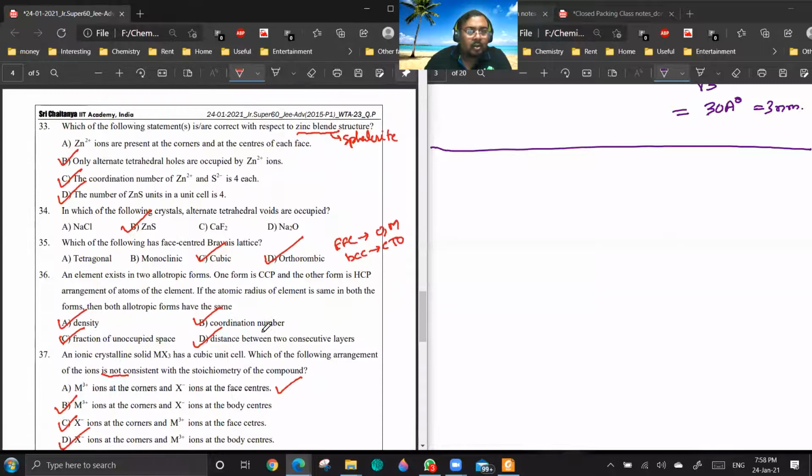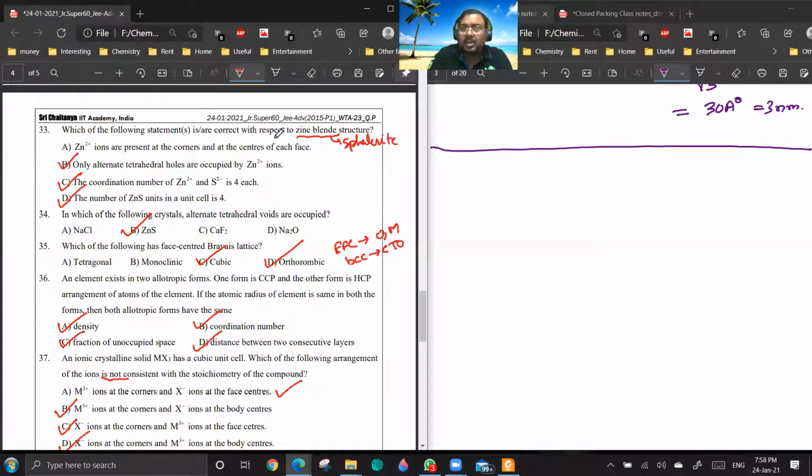Sir, 36. Okay, zinc blende is basically a sphalerite structure. Are you getting a point? 36. An element exists in two allotropic forms that I have discussed in the class also. If zinc sulfide exists in both HCP and CCP, the packing fraction is the same, so the density will be the same. The coordination number will also be the same.